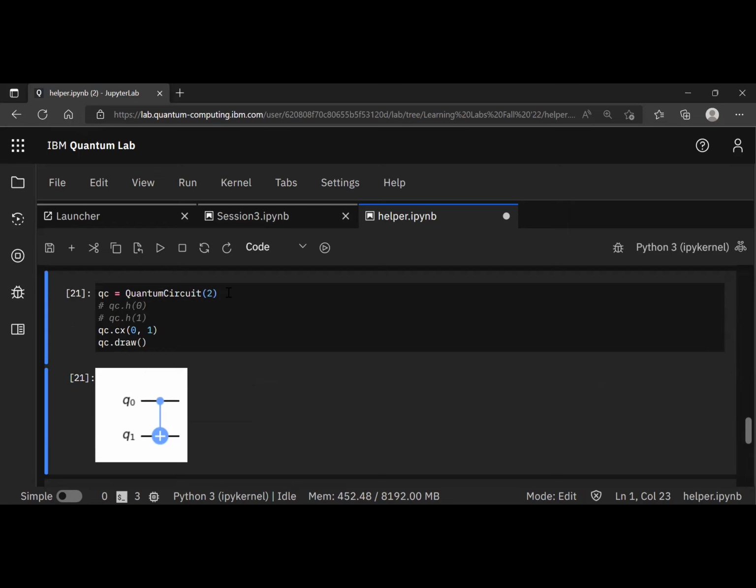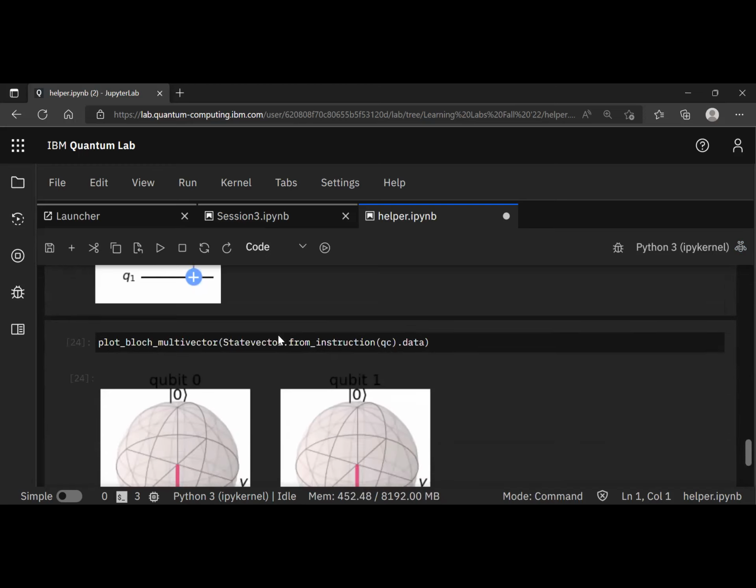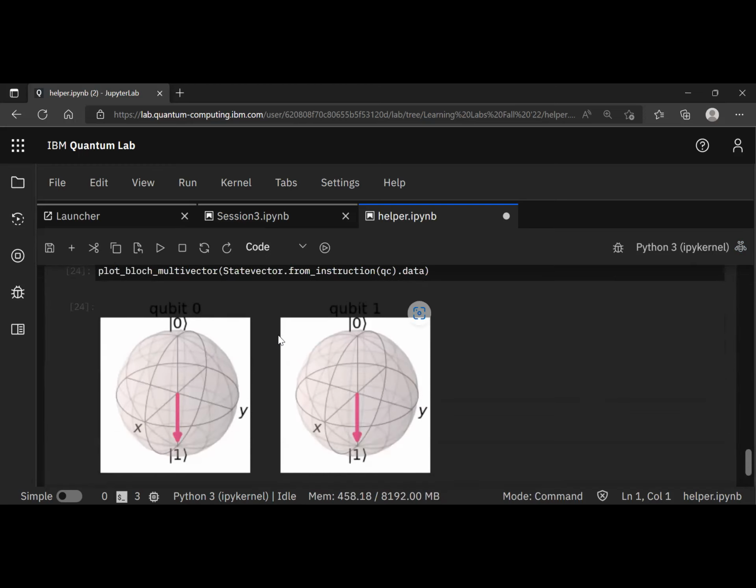Now, if we have our control qubit in the 1 state, okay, what happens? Your control qubit is in the 1 state because we set it like that. And then we said if the control qubit is 1, we flip the target. Does that make sense why it flipped?